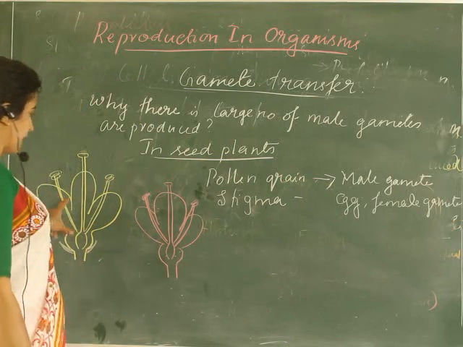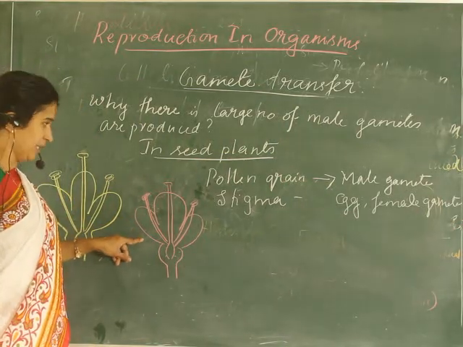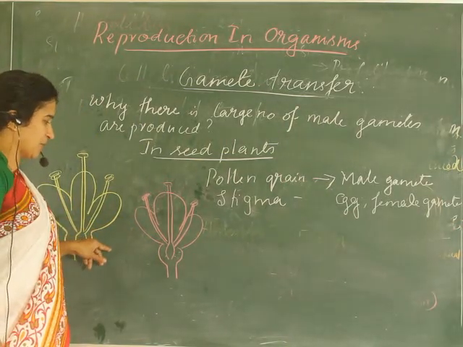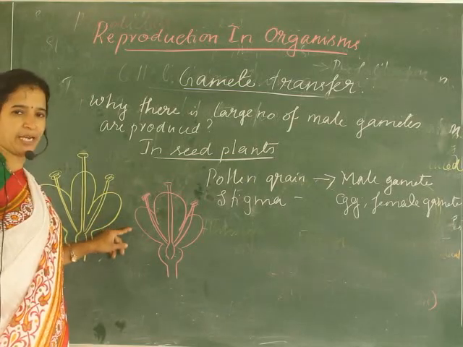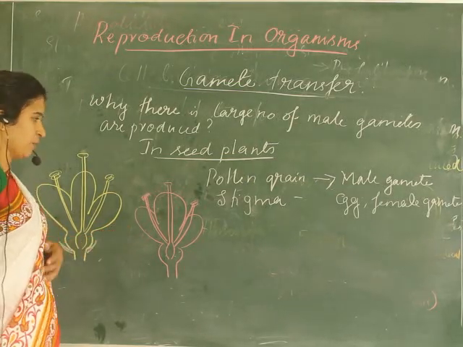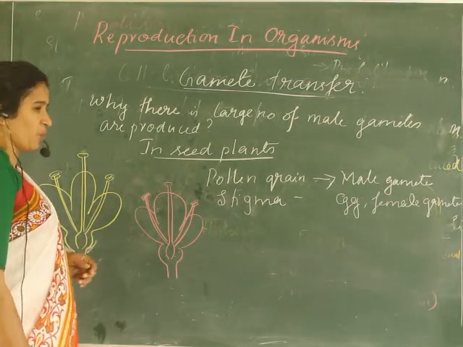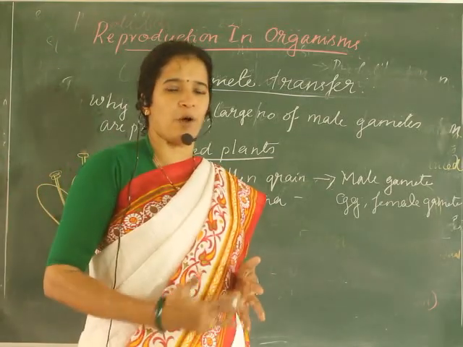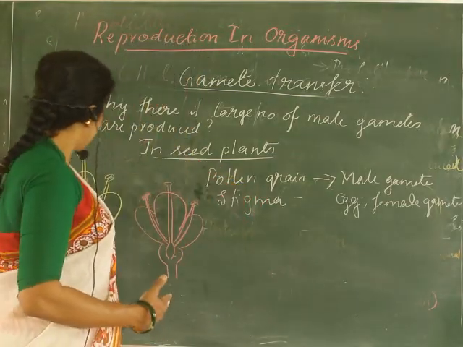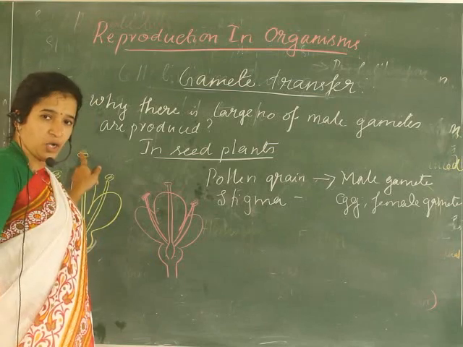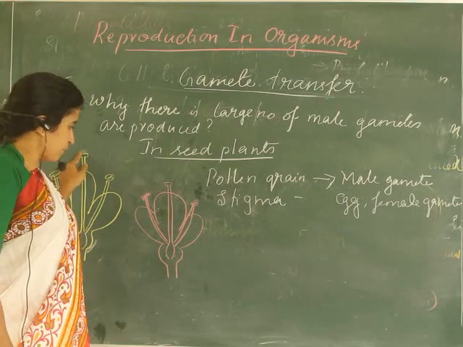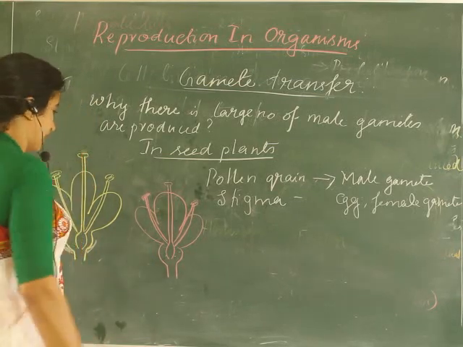I have drawn the diagram already here. You can guess what process I am going to explain using this diagram. What is the process that helps in the transfer of pollen grains from the anther to the stigma? It is called pollination.